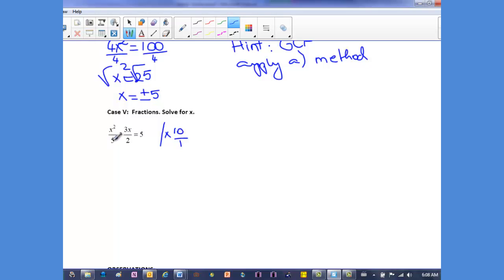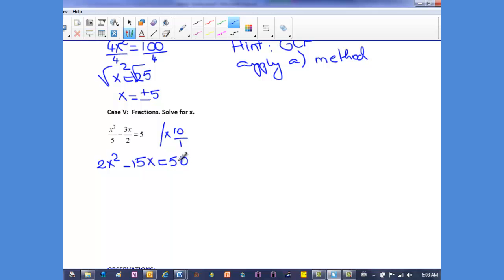Well, if I'm cross-simplifying 5 with 10, what I have left in the numerator is a 2. So I'm going to be left with 2x squared minus 15x, since I'm left only with a 5, equals 50. Now, looking at this equation, we're in that in-between case where it is almost standard form, but not quite.